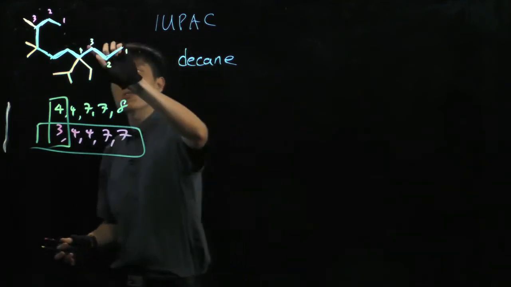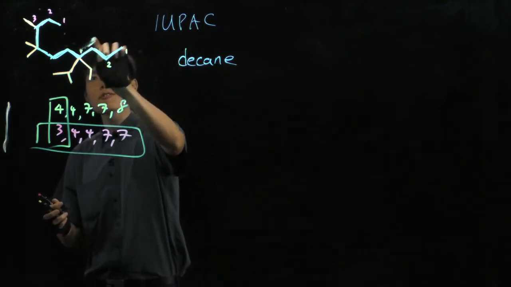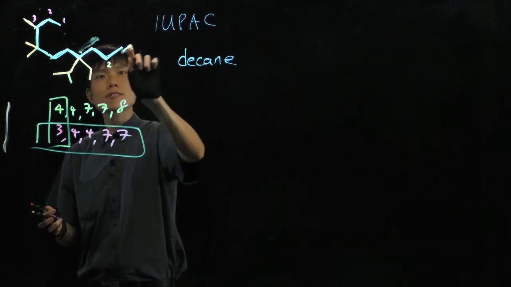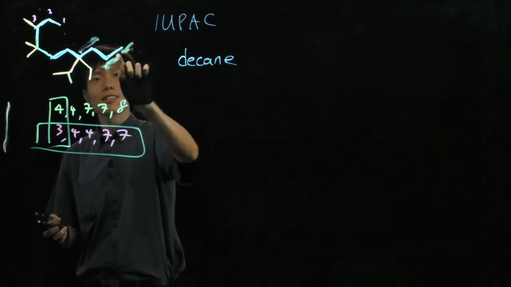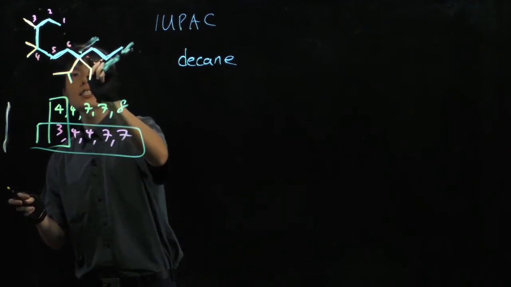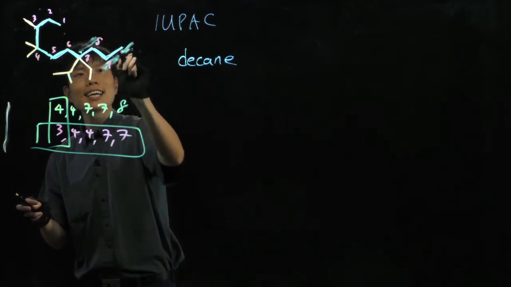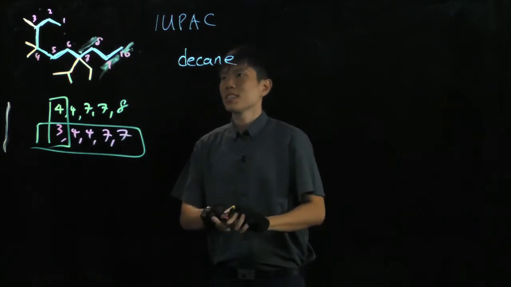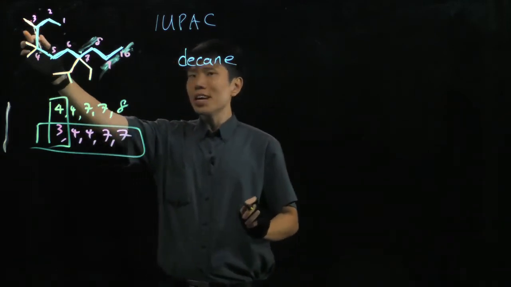Alright, so remove this. 4, 5, 6, 7, 8, 9, 10. Third carbon, we have a methyl group.